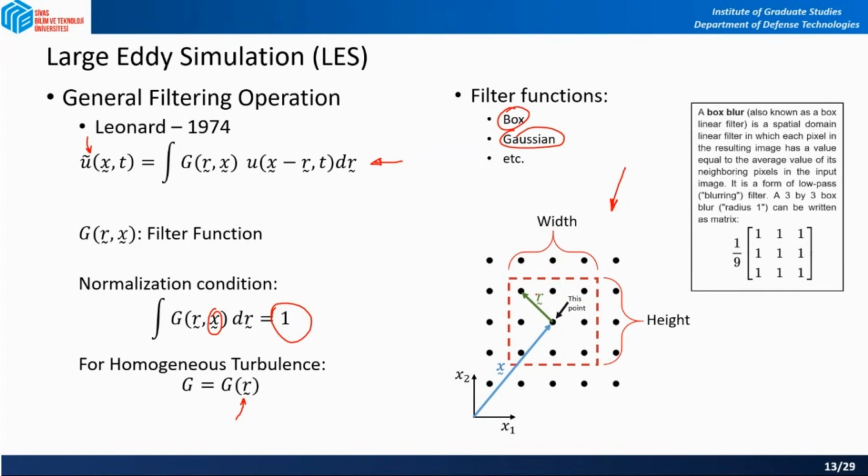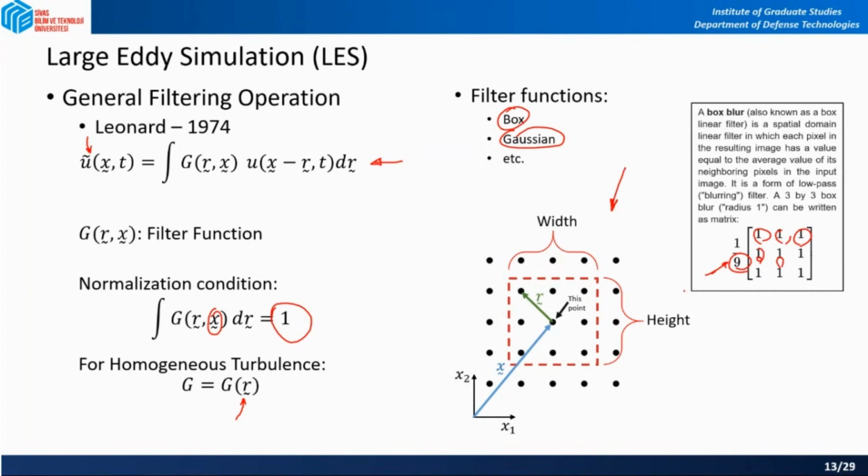For example, consider this point in here, and consider that you want to use a box filter, or moving average, or box blur, and you are using 3 by 3 or 9 points. So what you do exactly is you just sum all of them up and divide by 9, to get the average of all those.